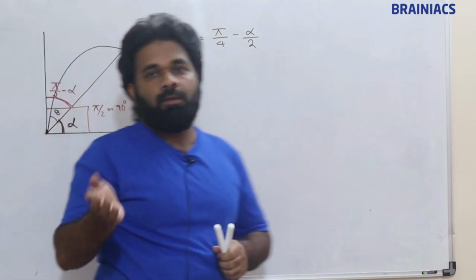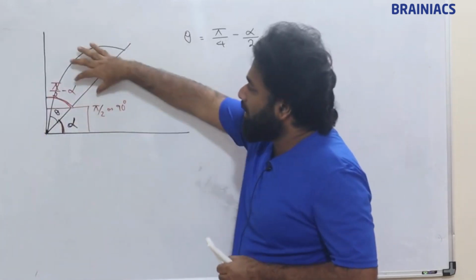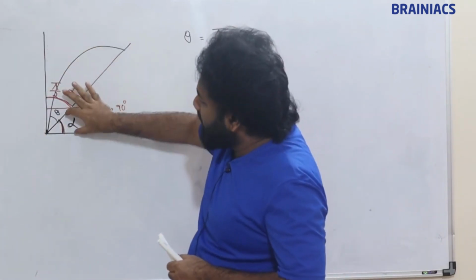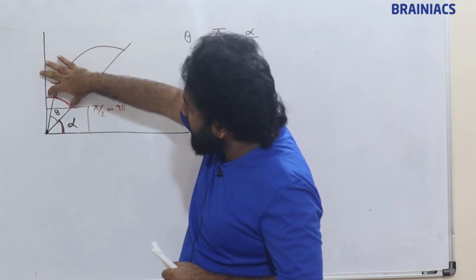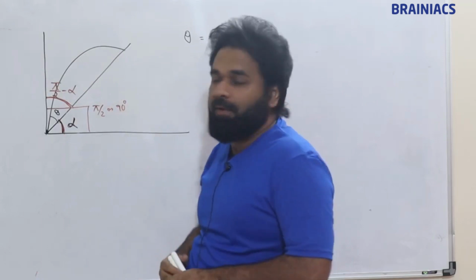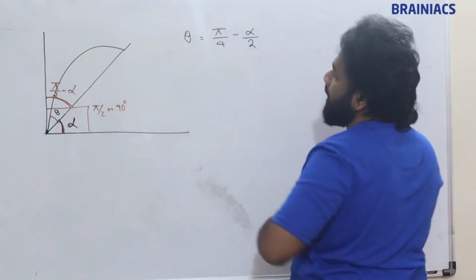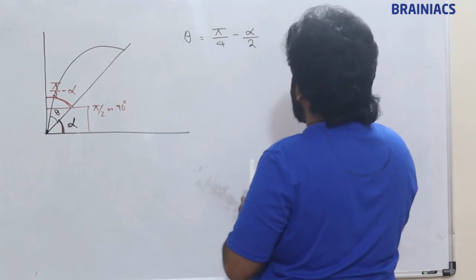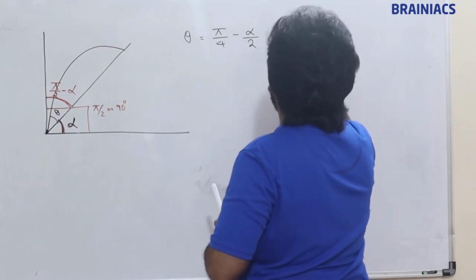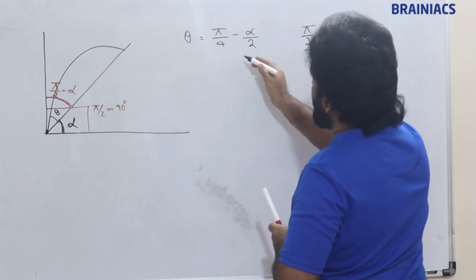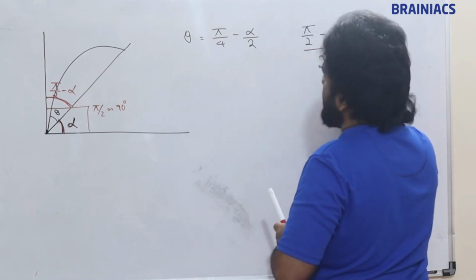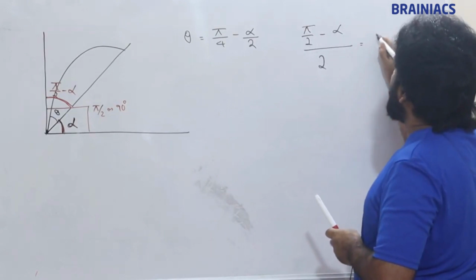Correct? If this is alpha, and this full is pi by 2, then this angle is pi by 2 minus alpha. Now you can see here, half of pi by 2 minus alpha, that is, pi by 2 minus alpha divided by 2, is what actually?